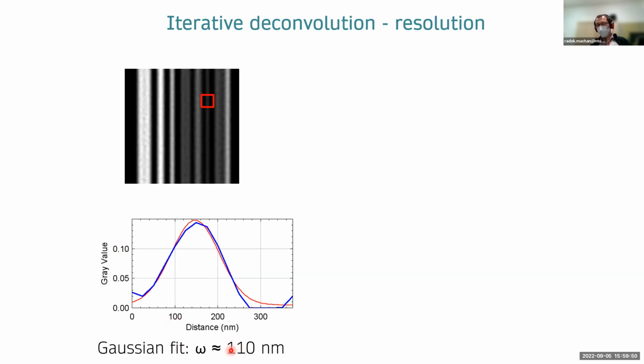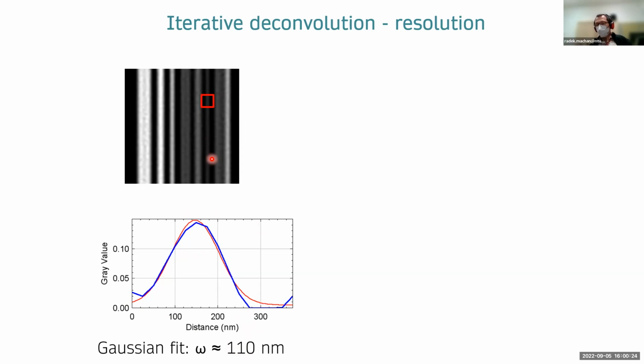And you see, it seems like we got a 2 times improvement in resolution, because our point spread function was 220 nanometers, and the fit gives us half of the point spread function width. But don't get over-enthusiastic, because the width of a single line is not a good measure of resolution, because you don't resolve anything here.